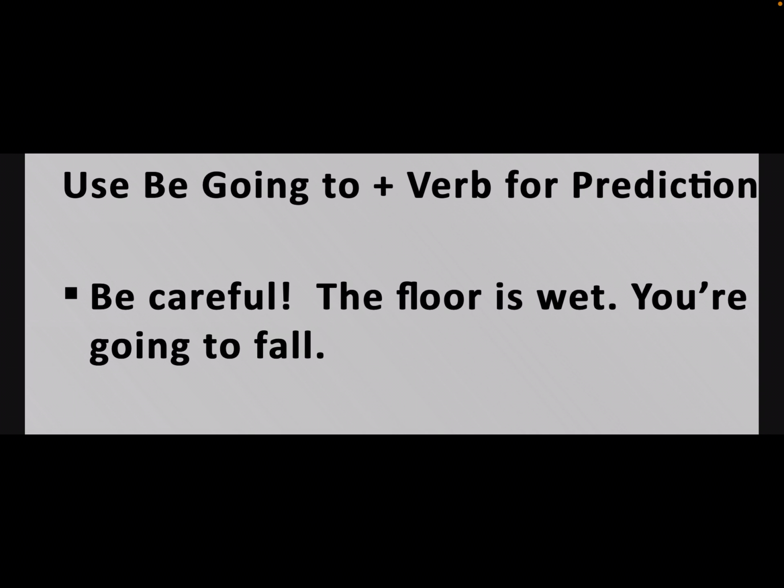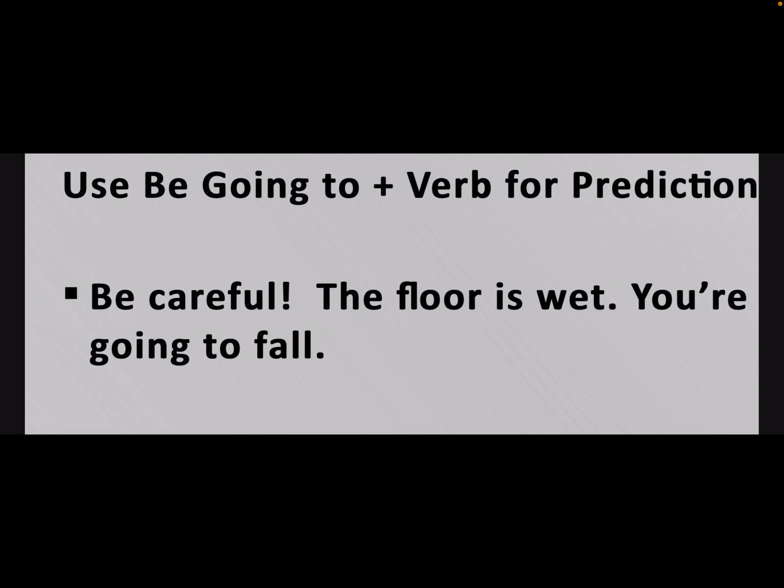Next, we use be going to plus verb for prediction. When we want to use be going to in predicting something, we already talked about what prediction means. Be careful, the floor is wet, you're going to fall. So we are predicting that you're going to fall because the floor is wet.